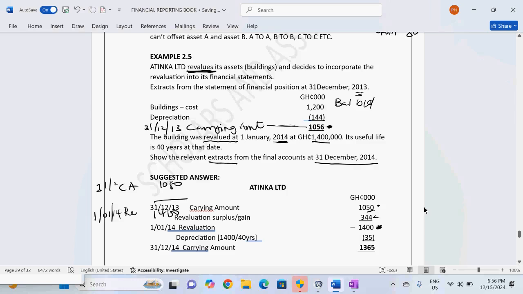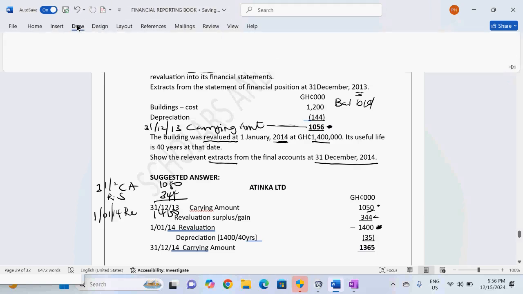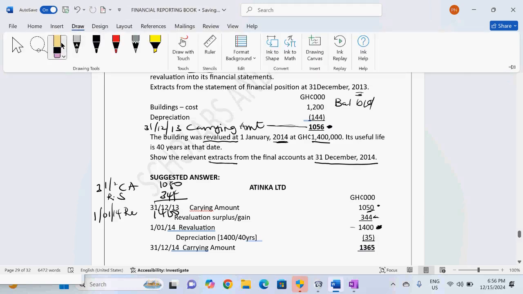Now, what do you do to this amount to get the 1,400? Do you add or deduct? You add the difference, which is 344, and that becomes the revaluation surplus. That is how you get this solution. Do you understand?